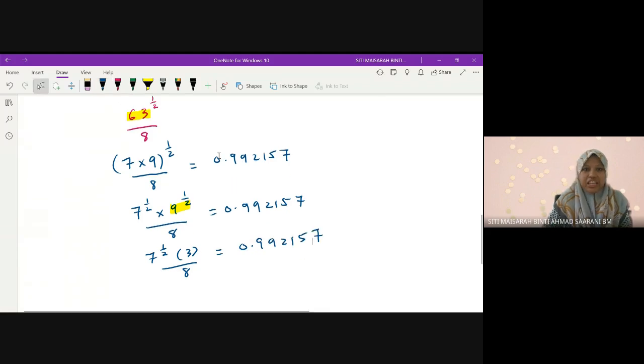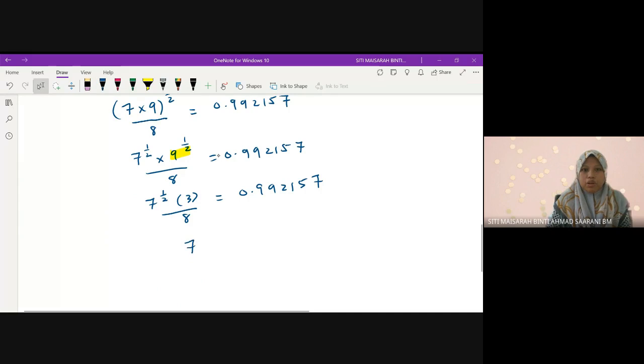So finally 7 power 1 over 2 is equal to 0.992157 multiply 8 divide by 3.